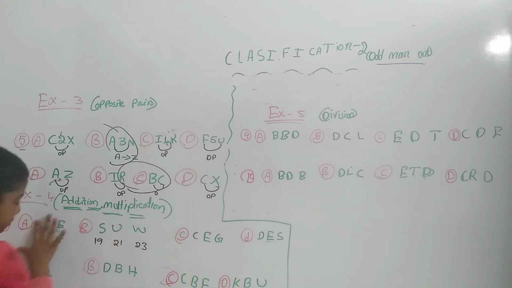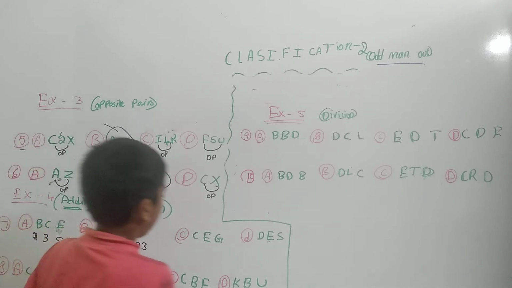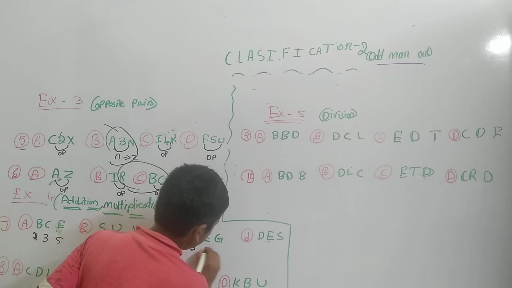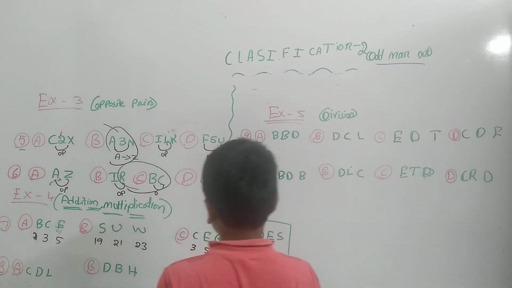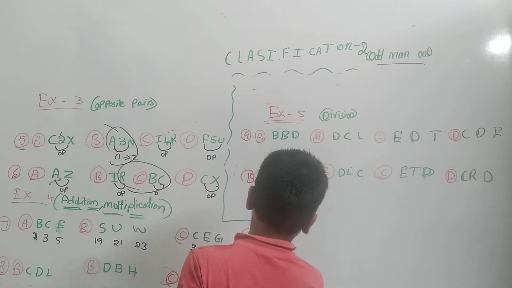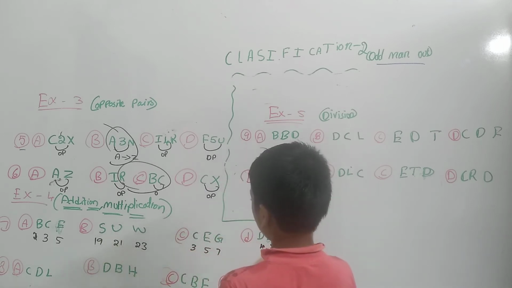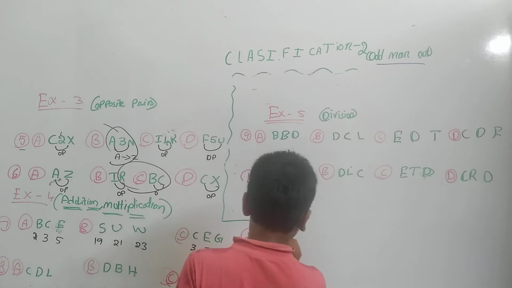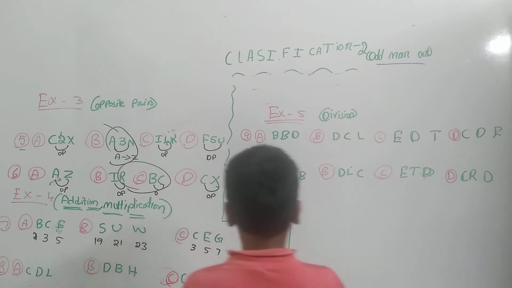Sorry friends, this is B. Then 3, 5, 7 and 4, 5 and 19.